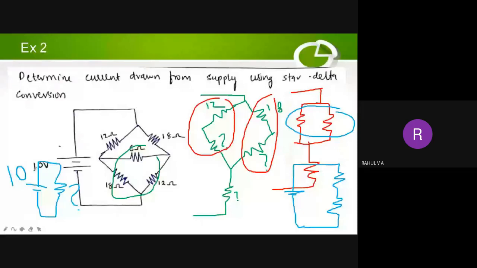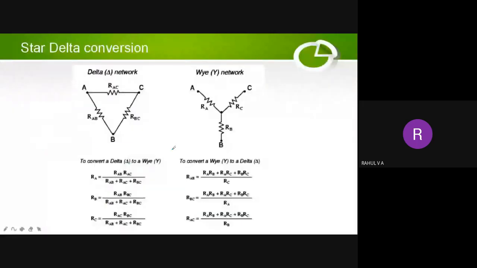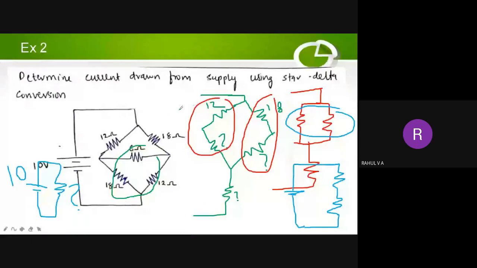So which formula we have to use? We have to use this formula because we are converting from delta to star. Okay. So can you do this problem? Just first you convert delta to star and tell me what is the resistor value RA, RB, RC.